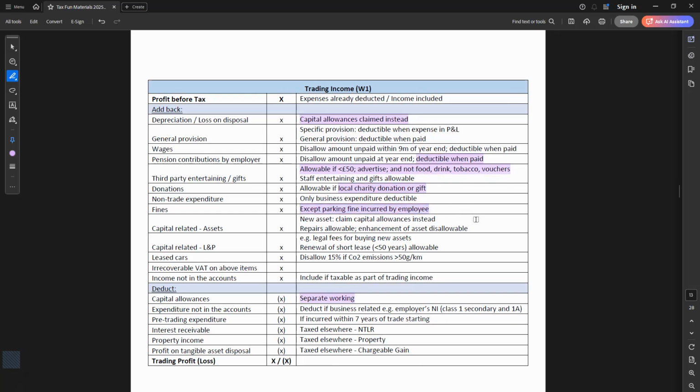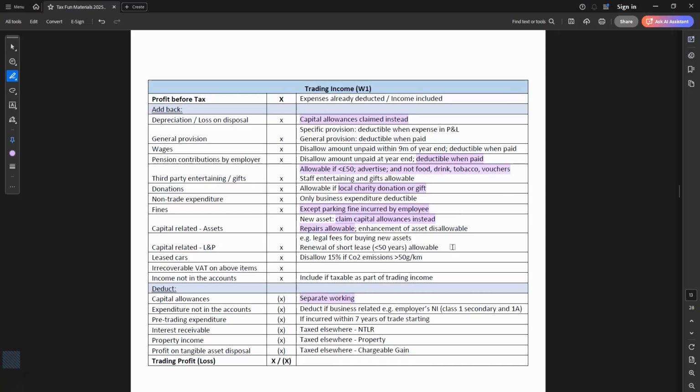Any capital related costs relating to assets are disallowable, and you claim capital allowances instead if it's a new asset. Repairs are generally allowable, but any enhancement expenditure for an asset is disallowable, and capital allowances could be claimed on this.